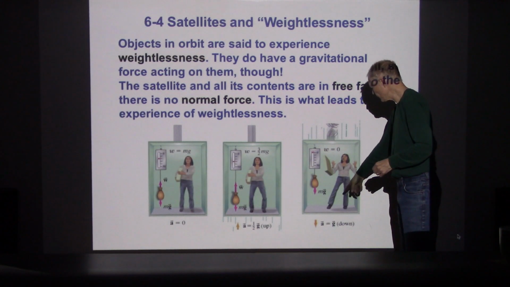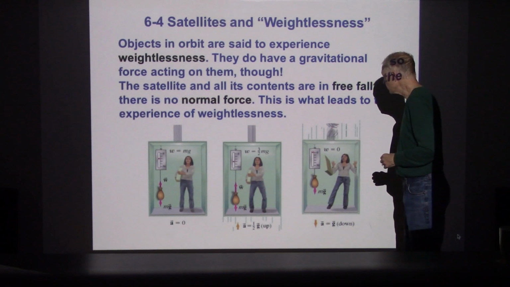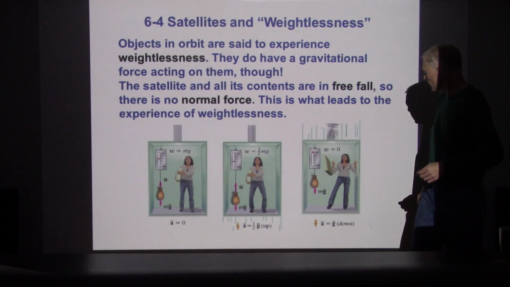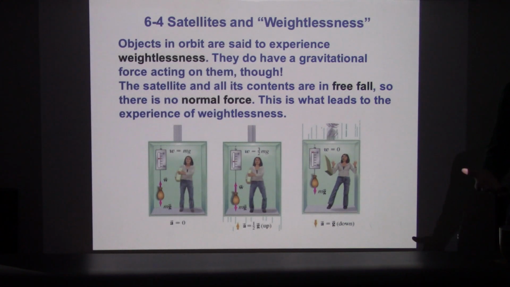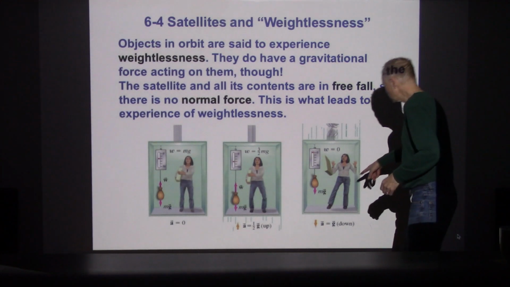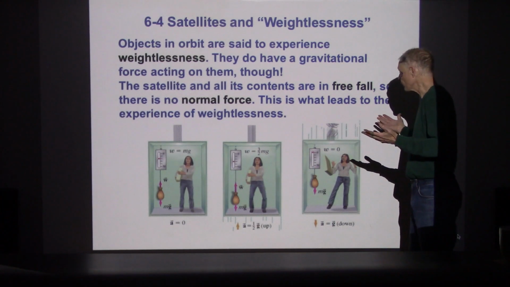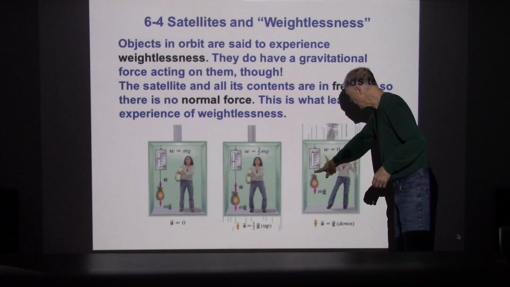Now, what happens if the acceleration, this is even more extreme, they cut the cables. Oh look, the cable's cut. Cable's cut, and now everything is dropping at the gravitational acceleration. And so we've got an acceleration of g downwards, and now everything's in free fall. So there is no tension in the cable.